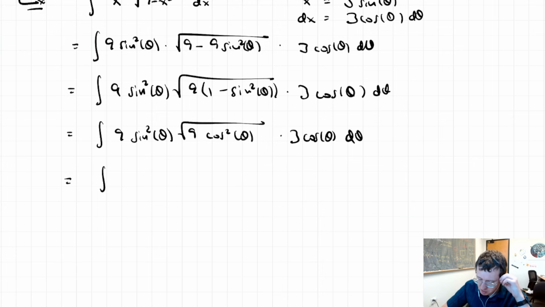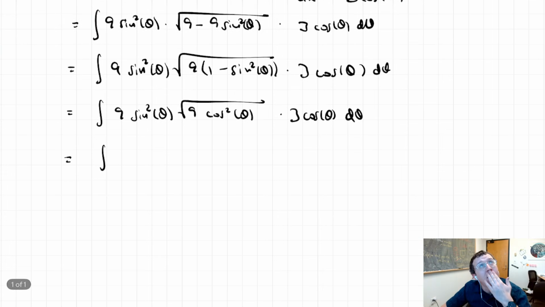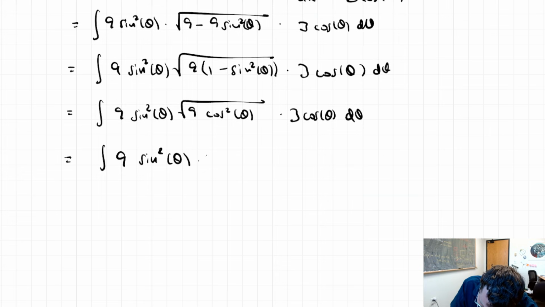We're going to end up with powers of sines and cosines, and it all depends on if the powers are both even, it's going to be annoying. If one of the powers at least is odd, it won't be too bad. The square root is just 3 cosine of theta. Oh, no, this isn't going to be nice, is it?